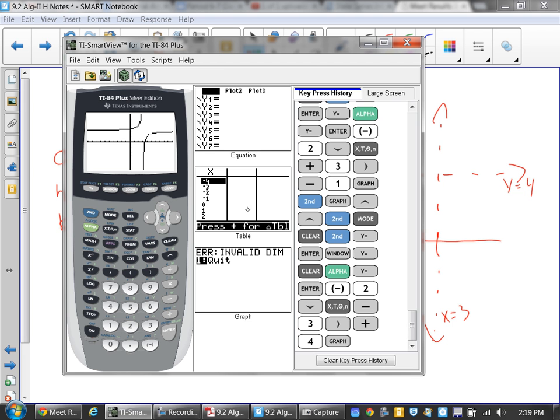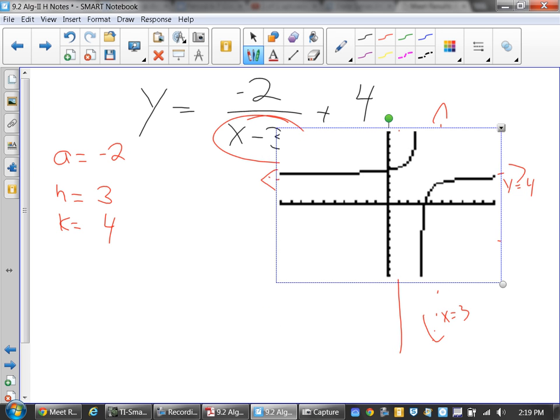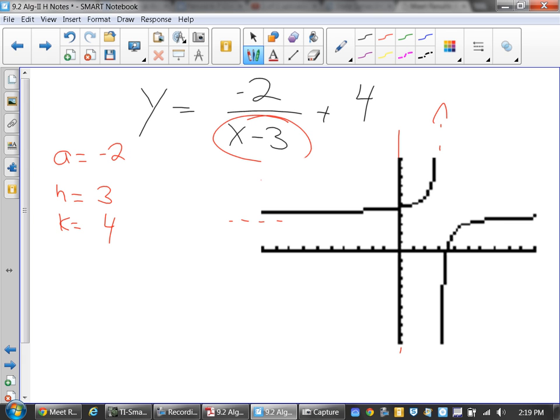Now, let's see it, with any luck, it probably looks like that. Yes, ma'am. What if my one's not... You didn't type in something right. Okay. So, you notice how this is a hyperbola twisted? If you just turn your calculator sideways, it's going to look like a hyperbola you did earlier.